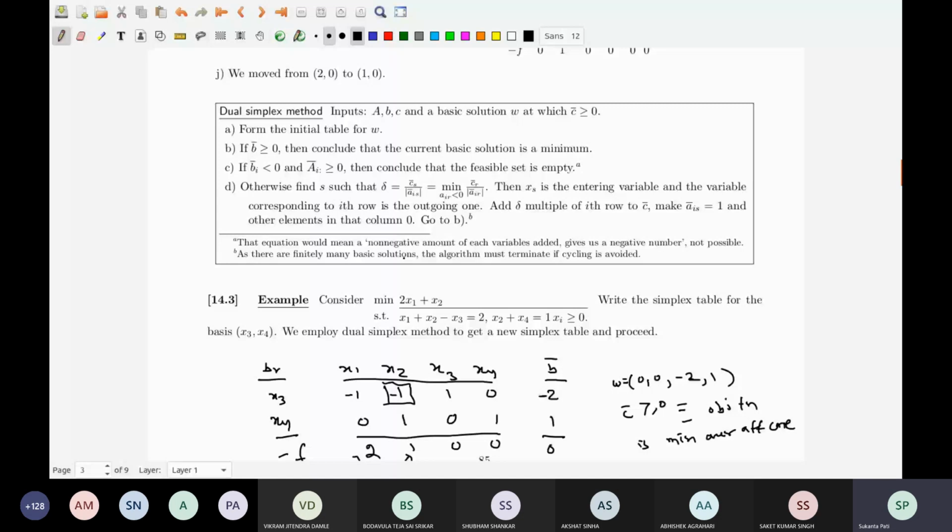Actually, people apply the Bland's rule kind of technique over here also, but those who are interested can read about it. Cycling can be avoided. So it's basically a similar argument as for the primal simplex method. Exactly. You just said that there are finitely many BFS. True.